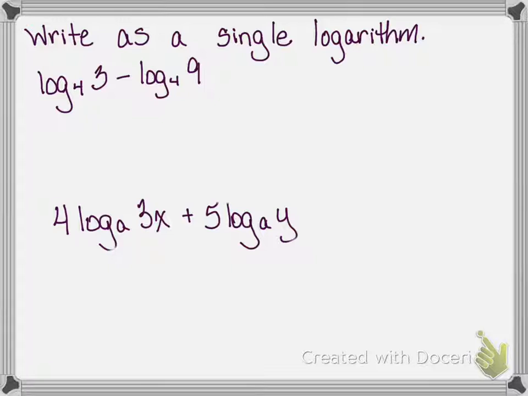Look at your properties. When I am subtracting two logs, you're dividing. Good. So this is going to be log base 4 of 3 over 9. Can that 3 over 9 be simplified? Yes. Good.